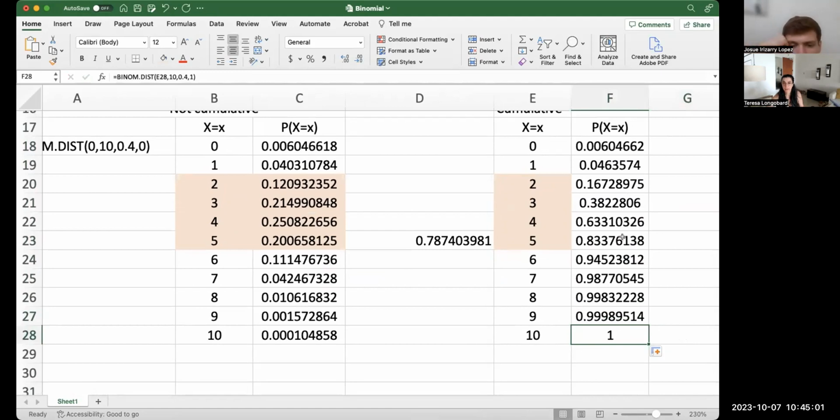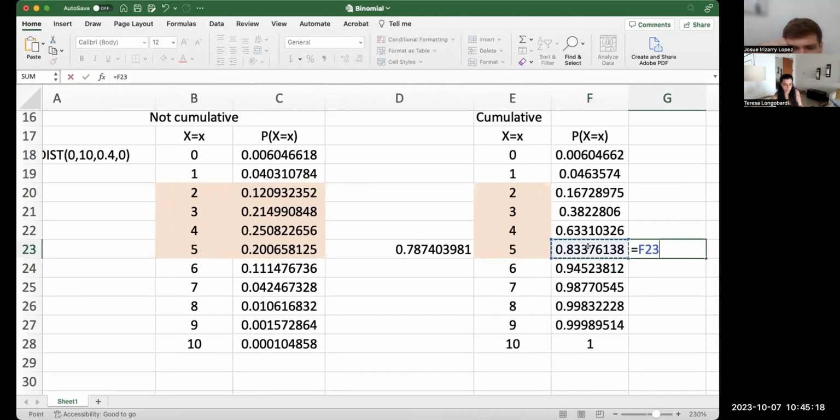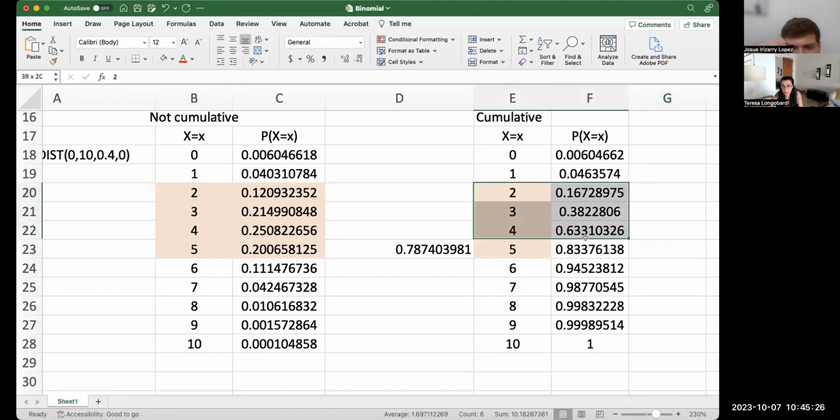So if I take 5 minus 2, I don't think it's going to work. I think I have to take 6. Is that going to work? Yeah, see, that doesn't work. You have to include those.